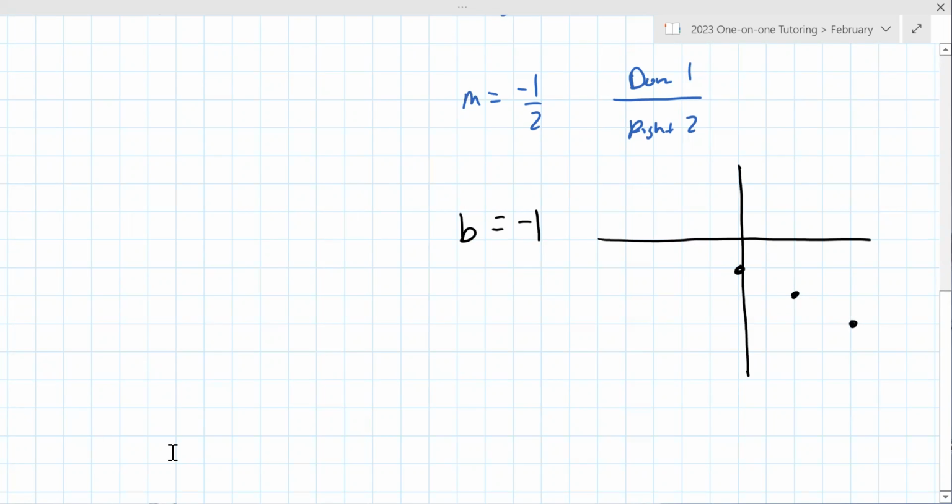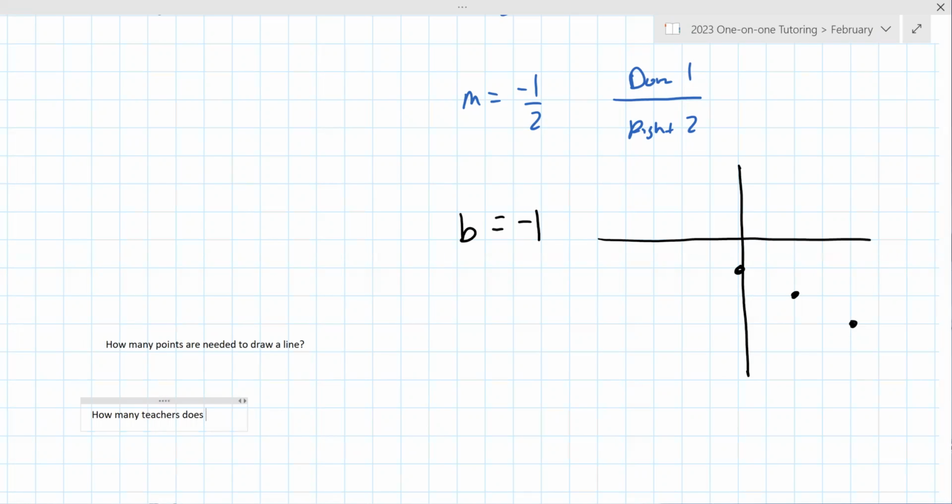Okay, so now a question for you. I think you'll appreciate this. How many points are needed to draw a line? My teacher said two, but my middle school teacher said three.